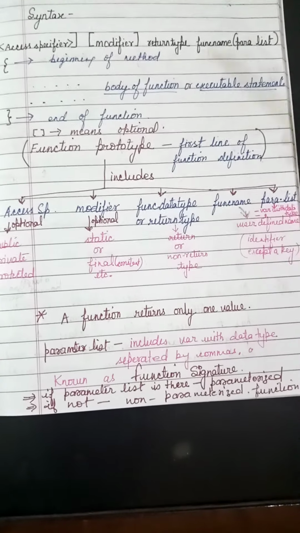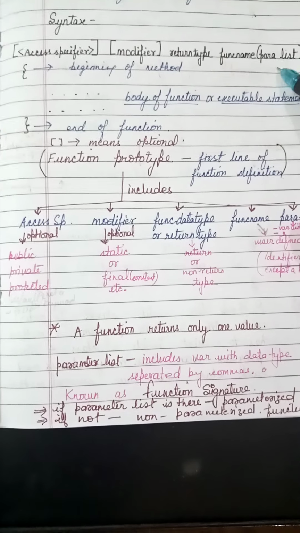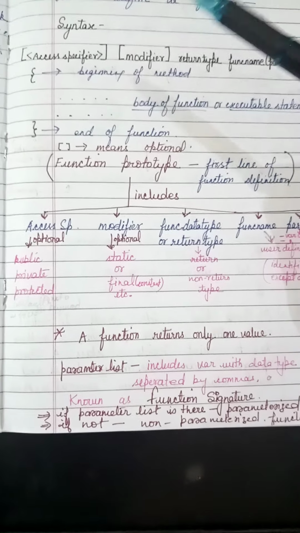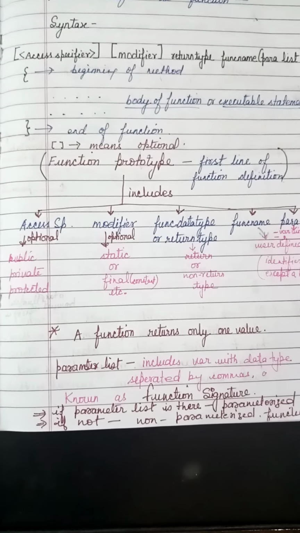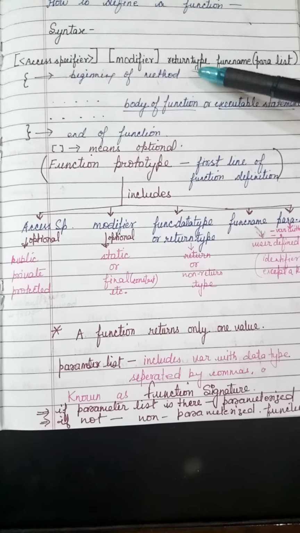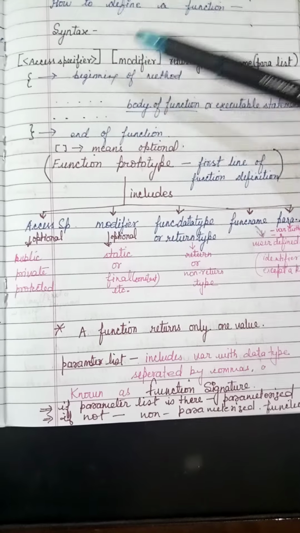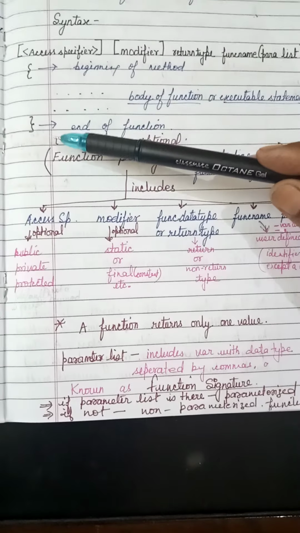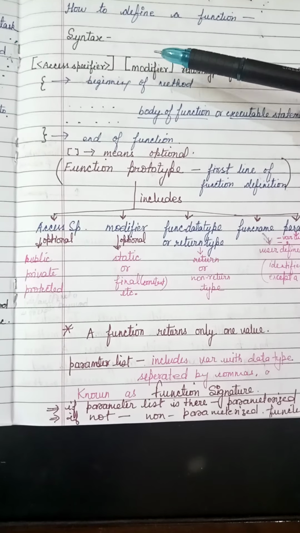But the return type, function name and parameter list is a must, followed by the opening brace, set of statements and closing brace. So a function definition must require return type, function name, parameter list, opening brace, set of statements and closing brace. Access specifier and modifier are optional.